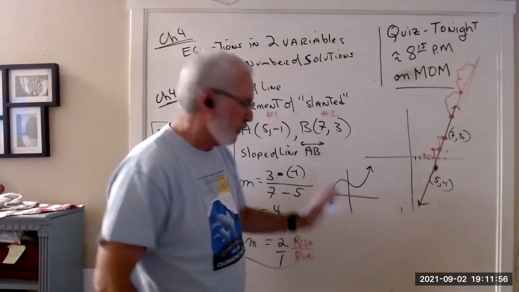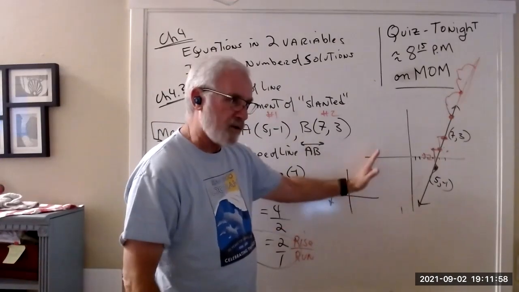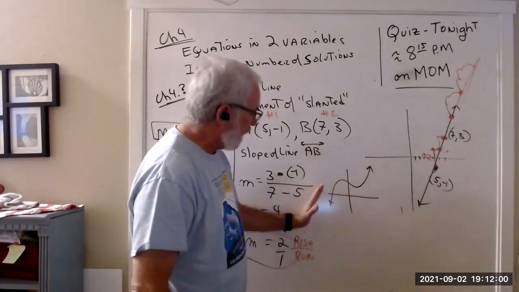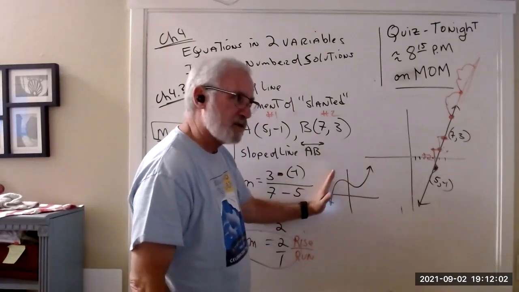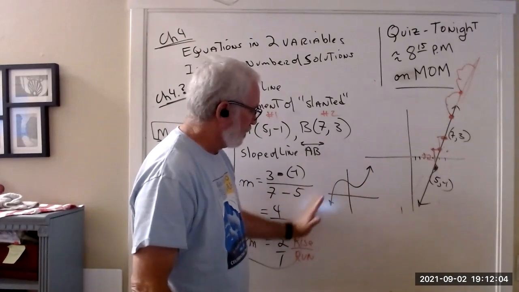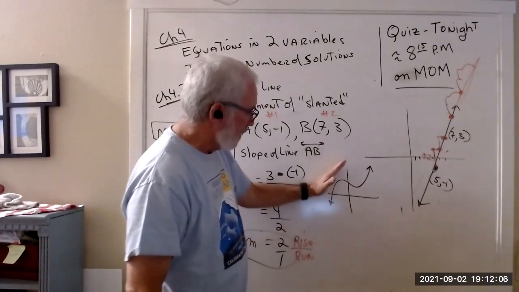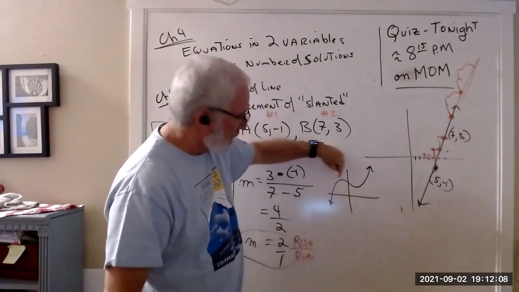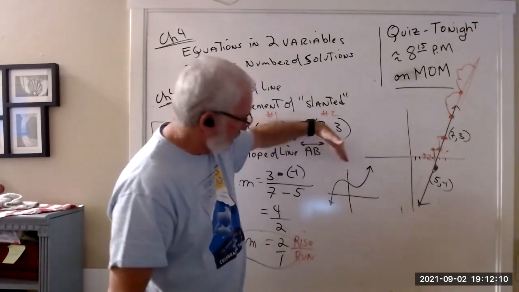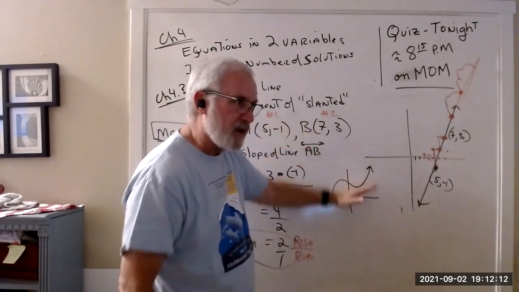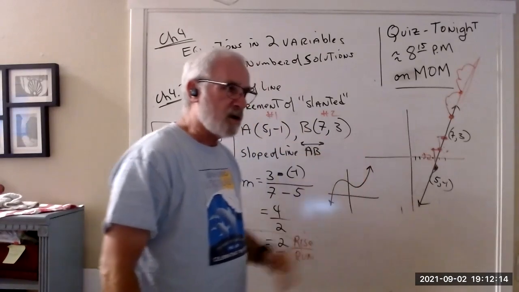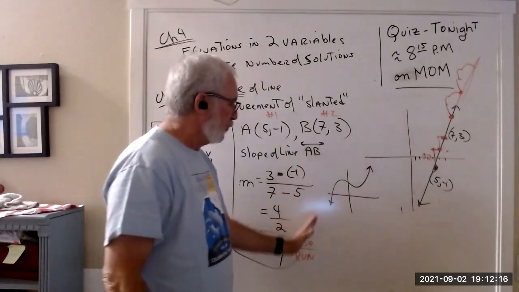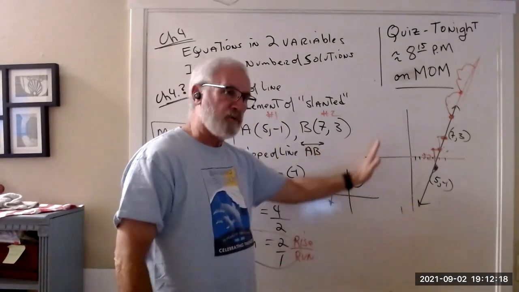In calculus, we'll study curves that look like this. And what's going to happen is this will have a slope here. This is a positive slope. And then here at the very top, that'll have a zero slope. And then that'll be negative. And so in calculus, we measure the slope of curvy lines.